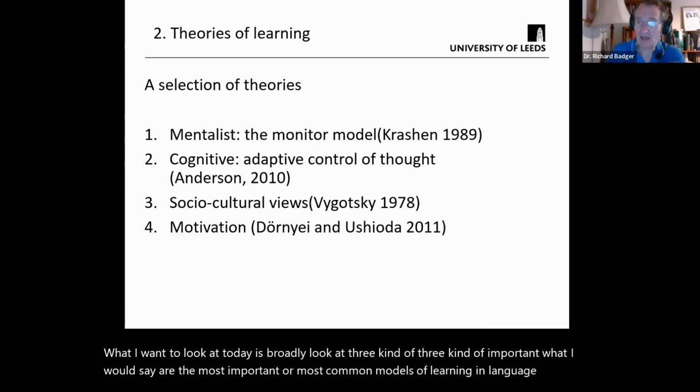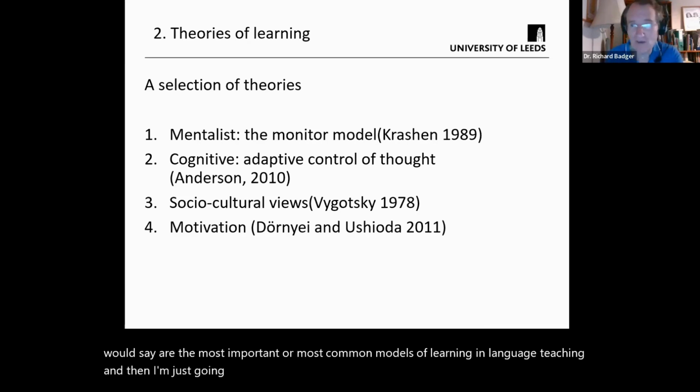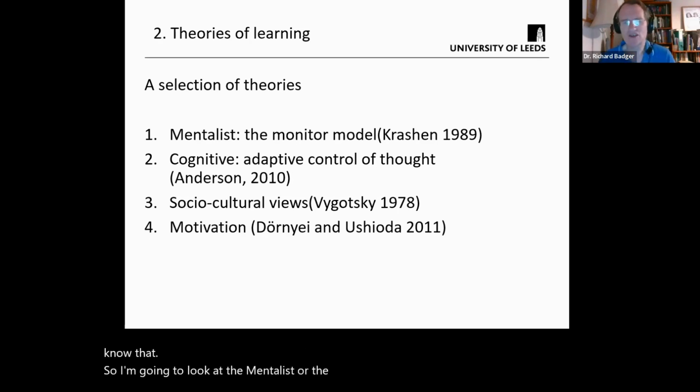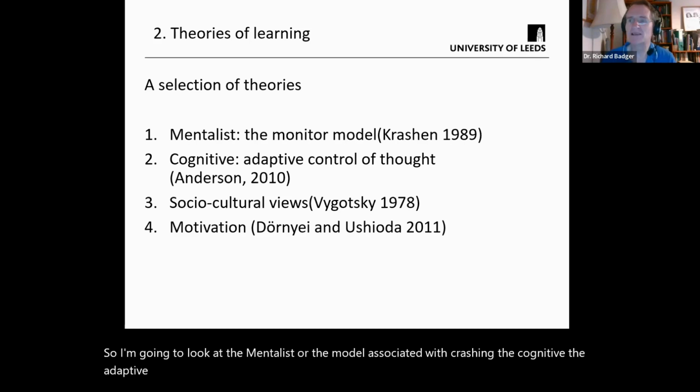And then I'm just going to flag up motivation. I'm not going to talk about motivation in any detail, but motivation is obviously quite a key concept, and I think all language teachers know that. So I'm going to look at the mentalist model associated with Krashen, the cognitive, the adaptive control of thought, or skill-based learning, which originated with Anderson, but has been taken up by a wide range of people.